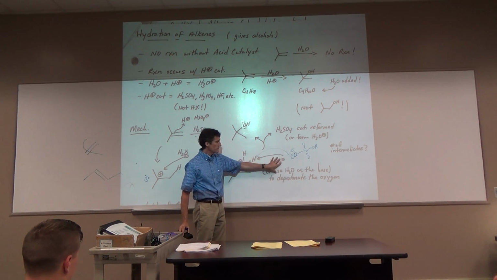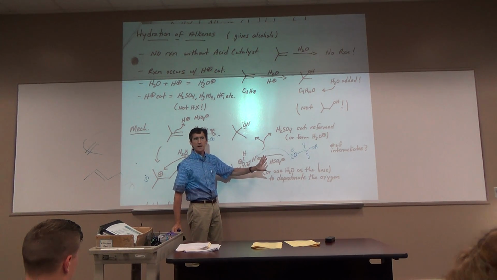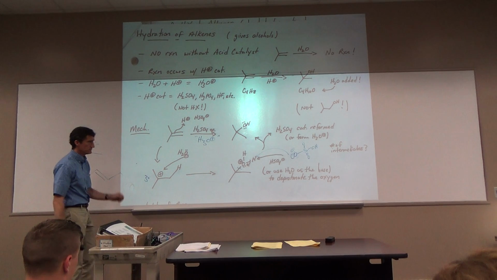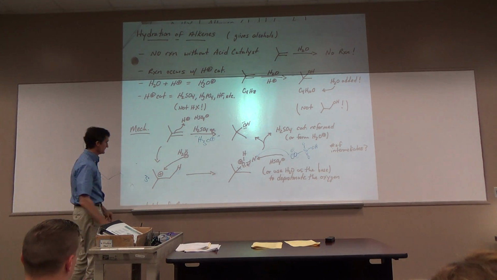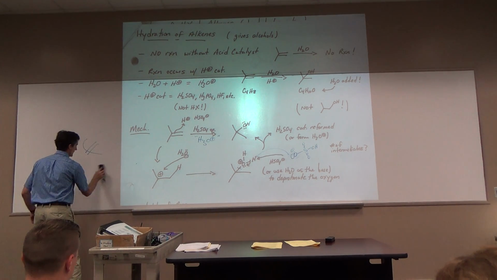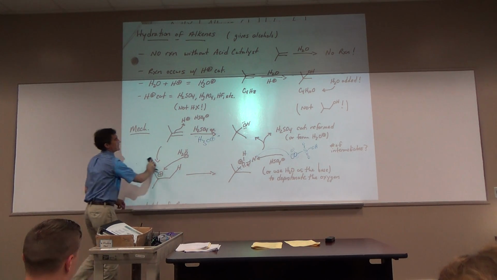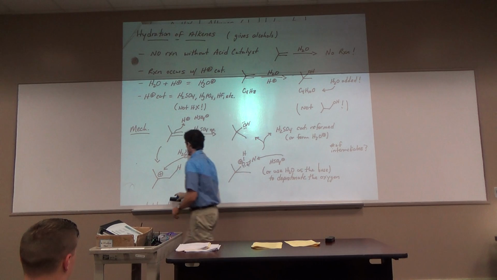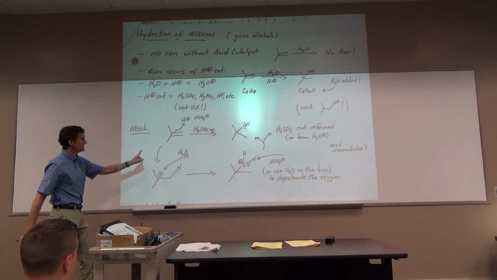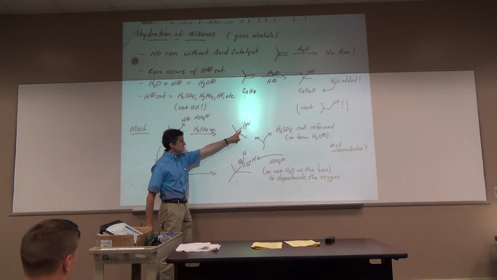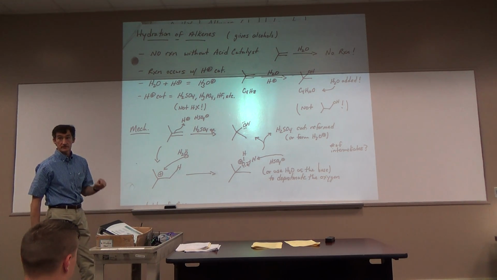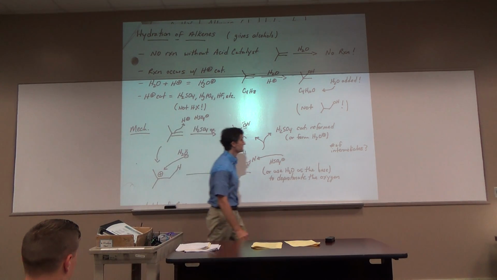It's a little bit not as precise. But please know what's going on there. Hydration of alkenes is a common way to make alcohols. Here we used a H plus catalyst that was reformed.